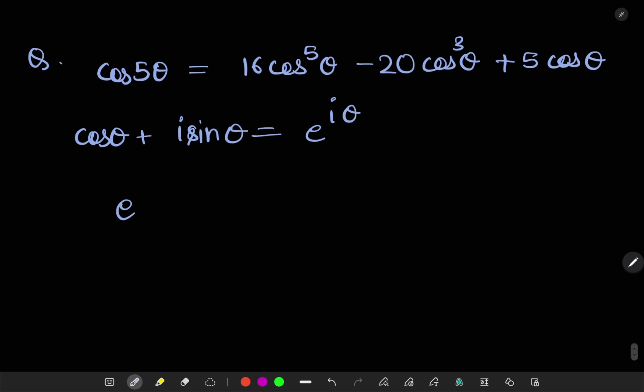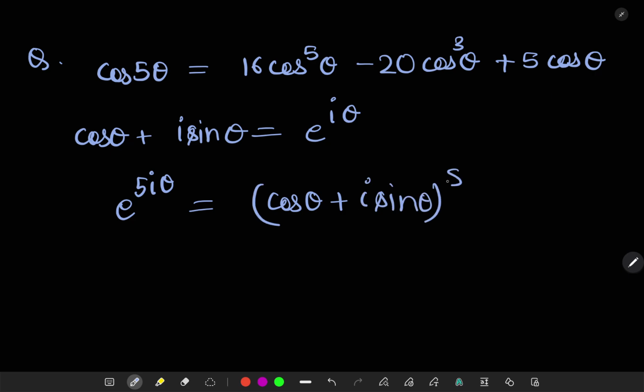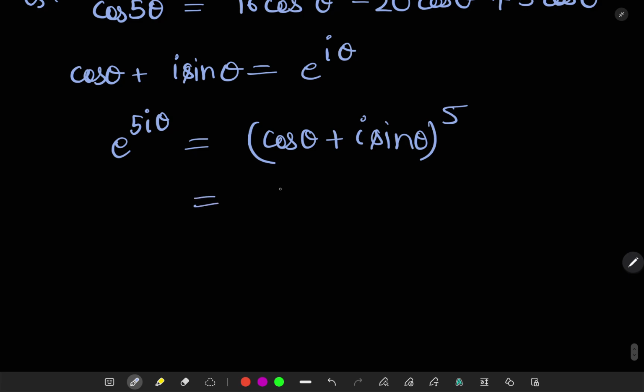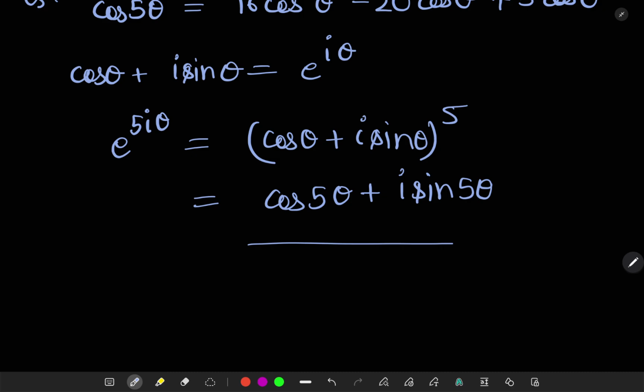If we take e raised to power 5 iota theta, we can write cos 5 theta plus iota sin 5 theta. But using this, we didn't get this value.